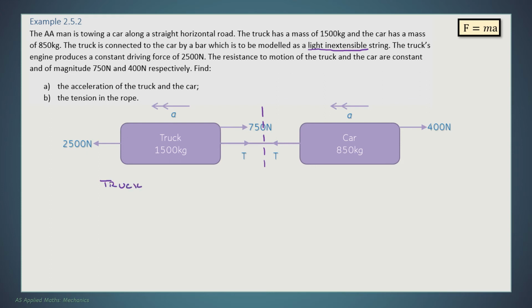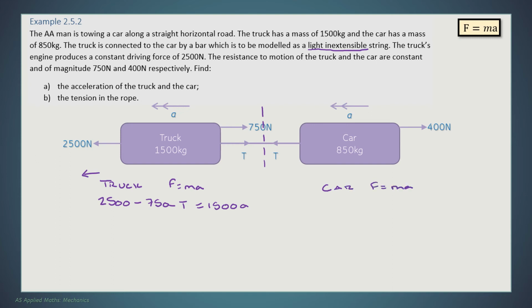So I'm going to focus on the truck first, so using F equals MA, in the direction of motion, which in this case is going to the left, I've got 2,500 newtons, resistance is 750 and there's a tension acting against our motion is equal to mass times acceleration. For the car, I'm using F equals MA.